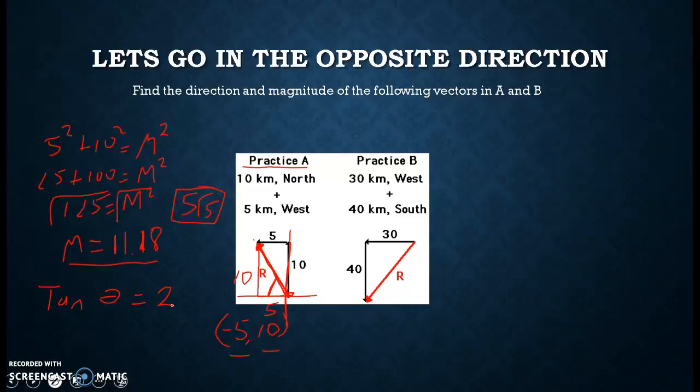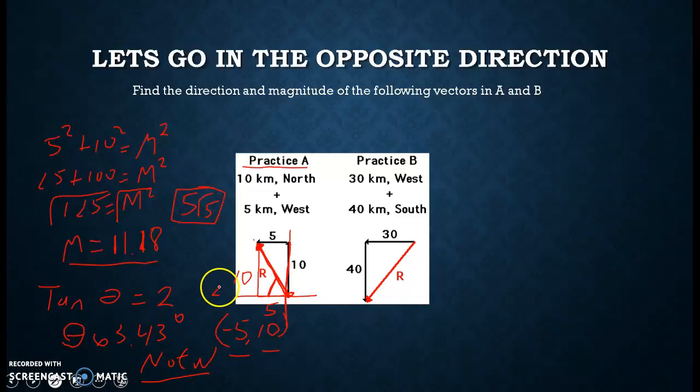And so I'm just going to do the inverse tangent. If I go the inverse tangent of 2, that gives me an angle measure of 63.43 degrees. So that means my angle measure is 63.43 degrees. And I would describe that as being north of west.